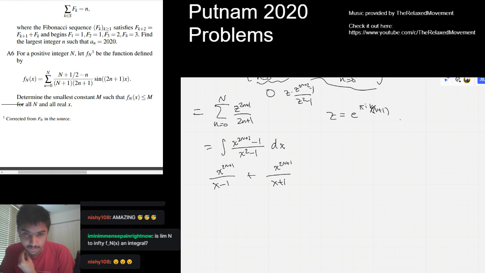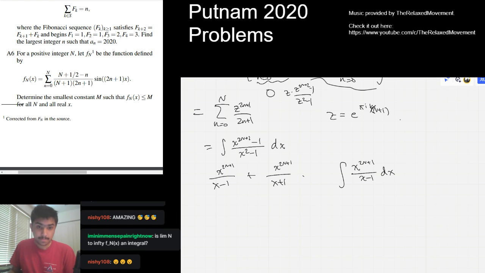Technically it would give you sort of what you wanted, right? Because this gives you x to the 2n plus 2 over x squared minus 1. So the question now becomes, can you evaluate the integral of this, and the answer is yes, you can.